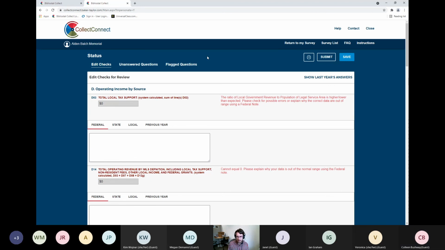Edit checks happen when the system thinks that the number you entered doesn't make sense compared to what you entered last year, or possibly just in general. So you will come to this page. Again, you'll think you probably put everything in, and you did, but there might be things you need to tweak or add comments to. So here are the three options: edit checks, unanswered questions, and flag questions.